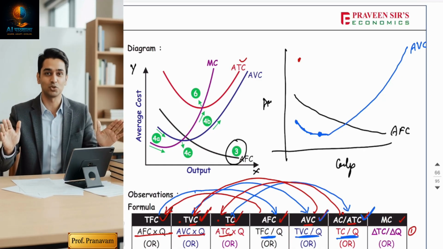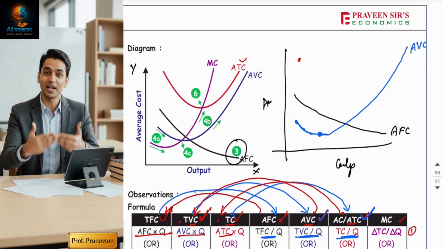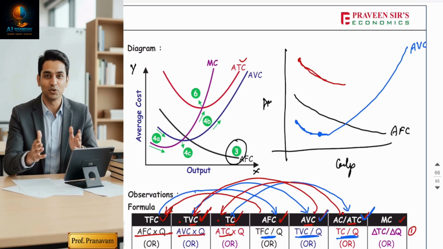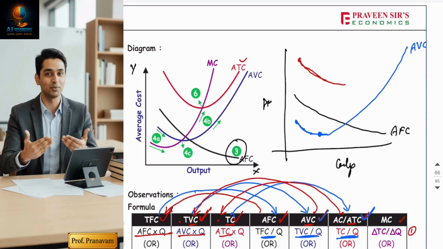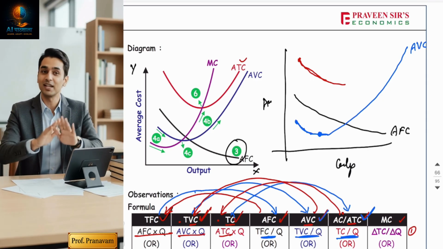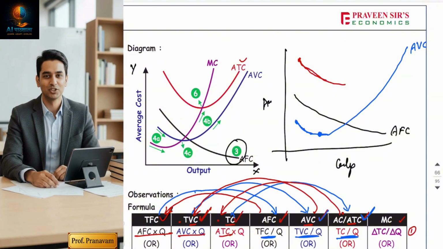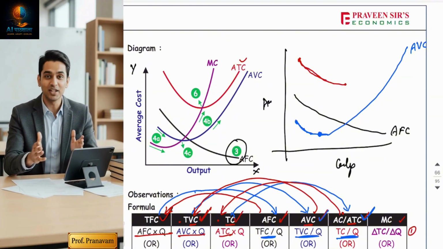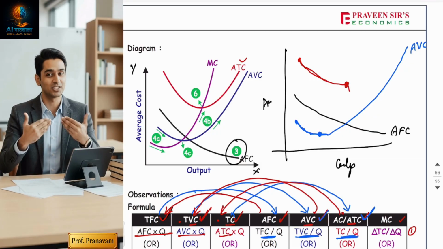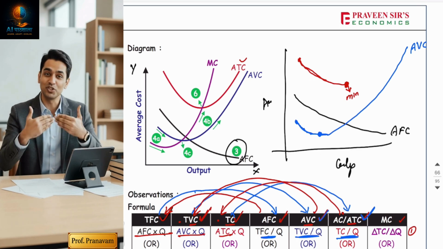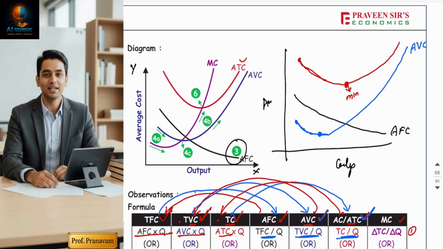Economists say that initially when more output is produced, businessmen enjoy a downward sloping cost, meaning the businessman's cost was reducing. That means his profit margin was increasing, because when total cost reduces, profit increases. But after a certain point, average total cost reached the minimum point and then started increasing.